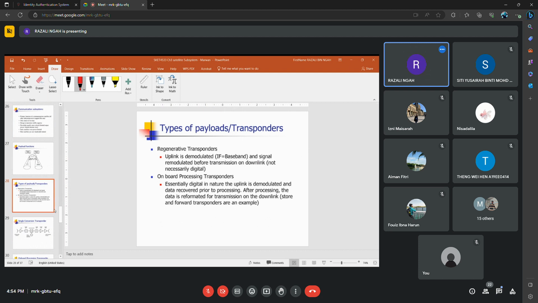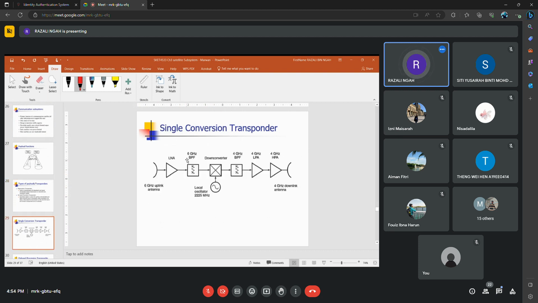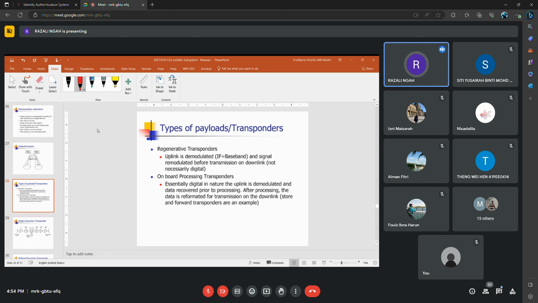I think the regenerative transponder and onboard processing refer to the same thing, so this is the same category. The second category is the frequency translation transponder.